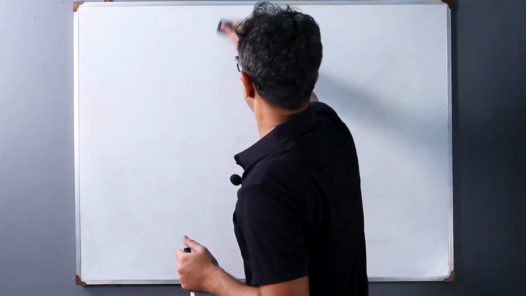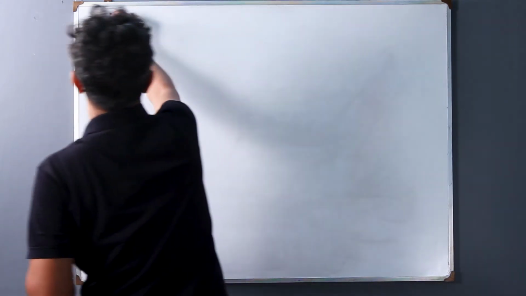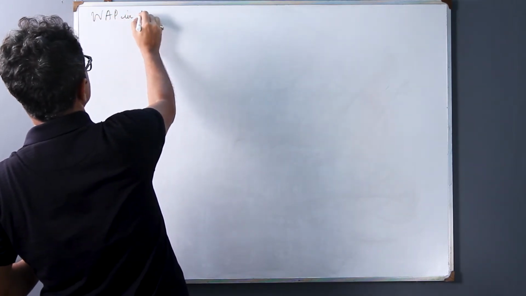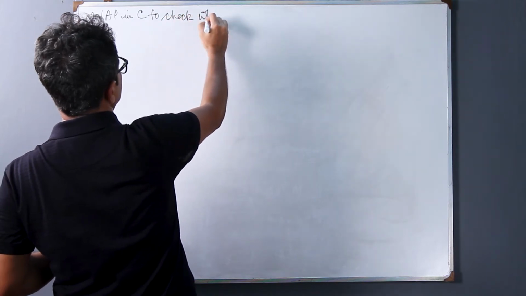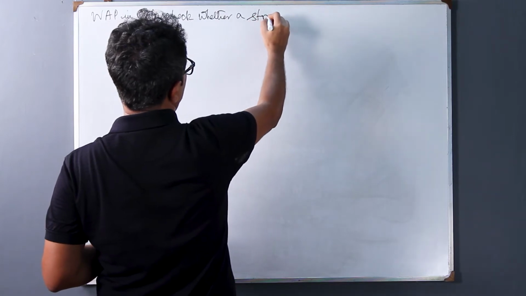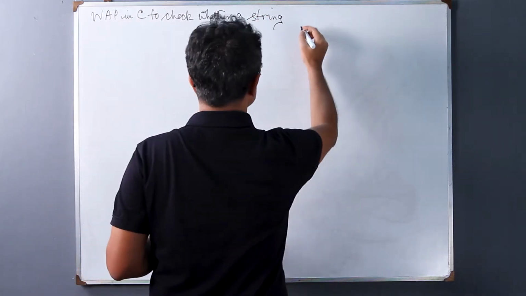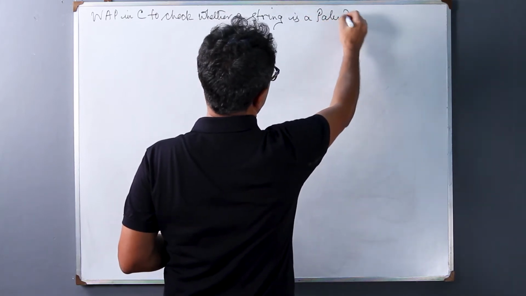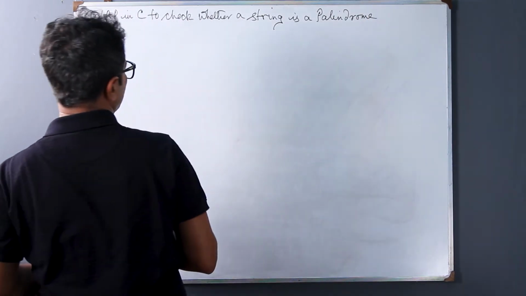So we are going to write a program in C to check whether a string, or a group of characters, is a palindrome.